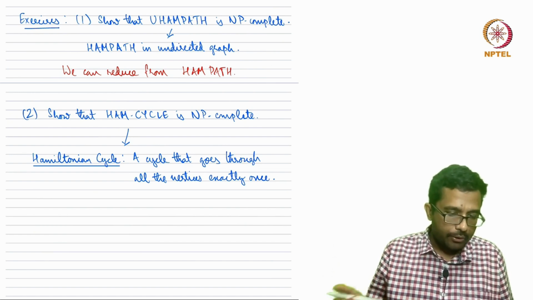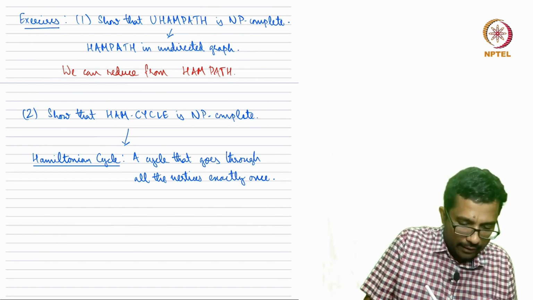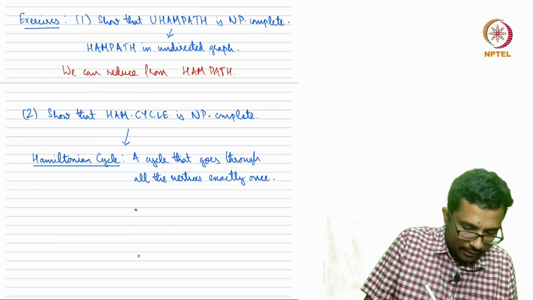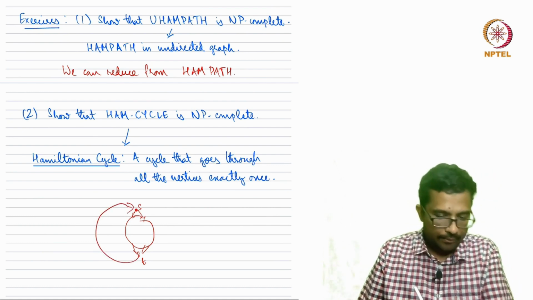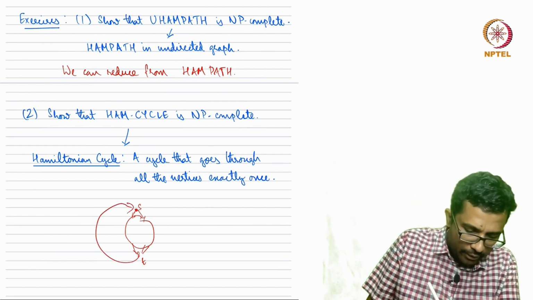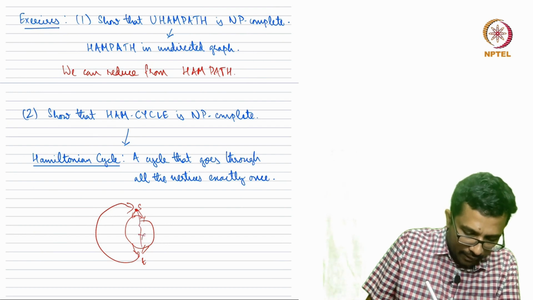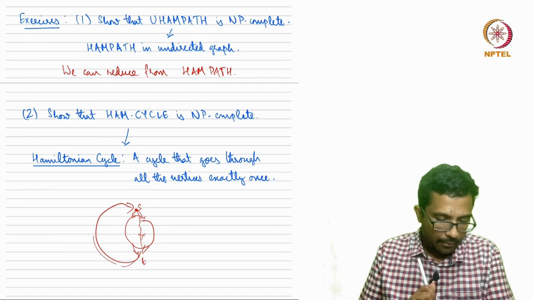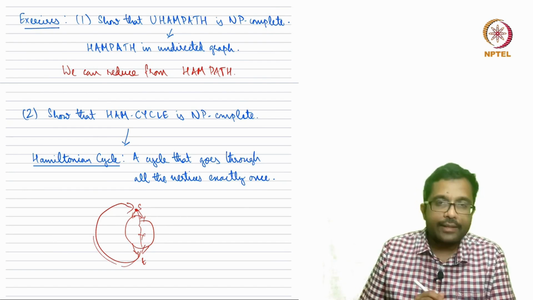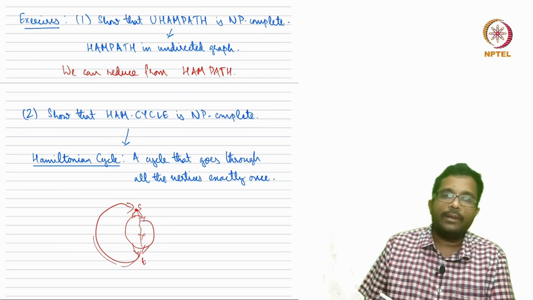So one thing that you may want to do is, if a graph has a Hamiltonian path, like let's say this is the graph and this is S, and this is T. One thing that may be tempting is to connect T to S using a directed edge. So now if this original graph has an ST Hamiltonian path, then along with this new edge, this forms a Hamiltonian cycle. But then if there is a Hamiltonian cycle, should there necessarily be the ST path?